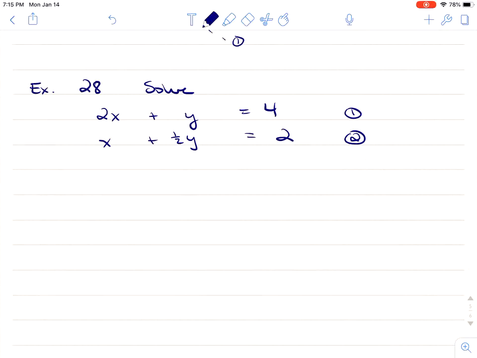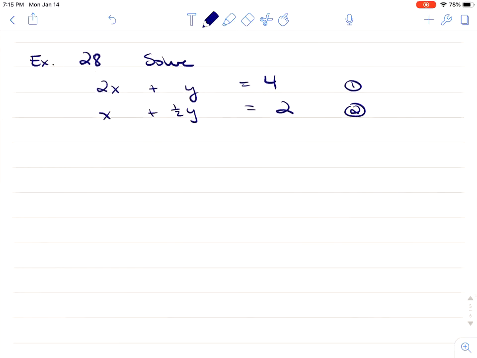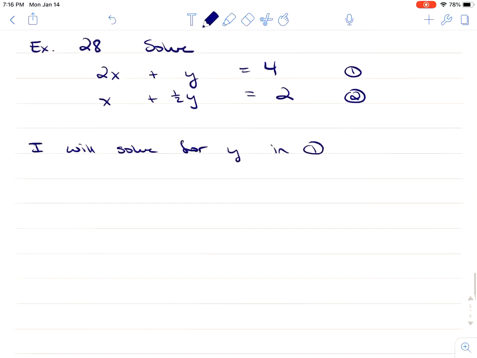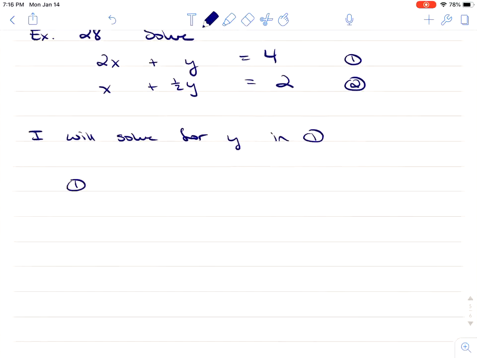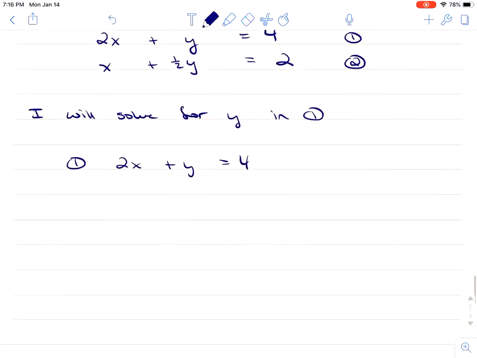I'll have to deal with that fraction one way or another, but I will solve for y in equation 1. So equation 1 is 2x plus y equals 4. So y is 4 minus 2x.